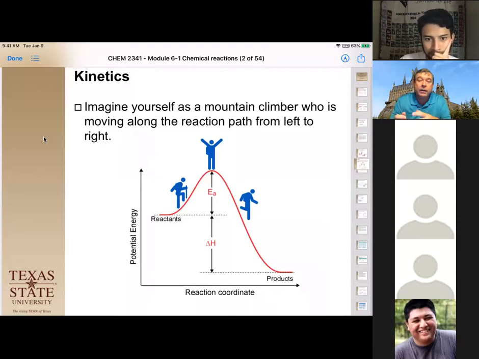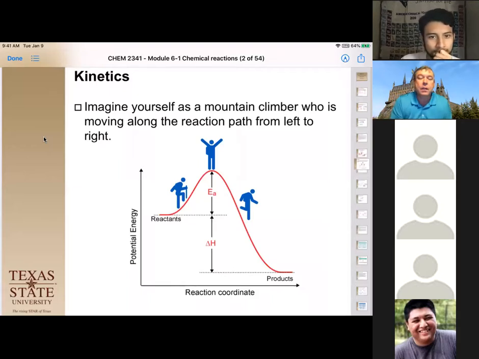And then you need a little more energy to get to the top. Once you get to the top, you're happy and elated, but then it's much easier for you to transition back down to products now that you've reached that transition state. So the slow part of the reaction is that climb up to the activation energy until you reach the transition state. Once you reach it, everything is, quote, downhill from there and is much easier.